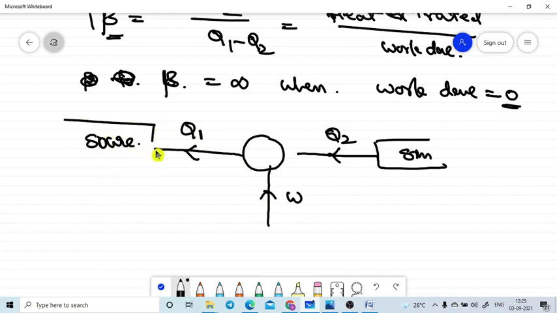This is the block diagram for the refrigerator. Where beta is infinity, the work is 0. That means without doing any work, heat energy is transferring from the lower temperature sink to the higher temperature source.